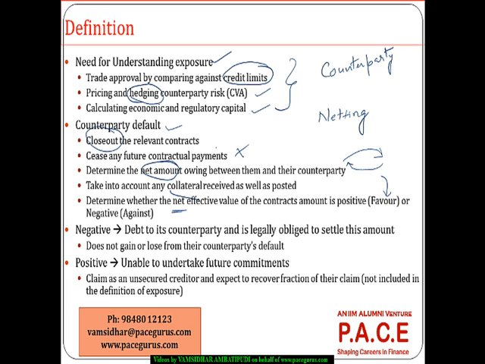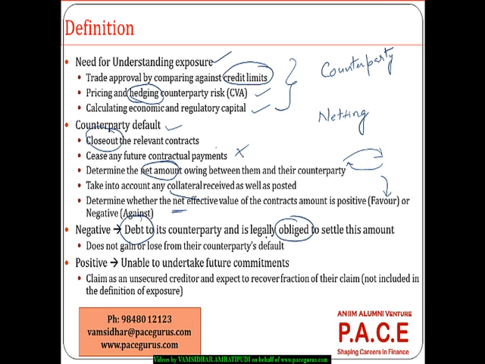But if it is negative, the institution has to pay the counterparty in case of the counterparty default. So if it is negative, I can look at it as though this institution has taken a debt from the counterparty, so it is obliged to settle immediately.